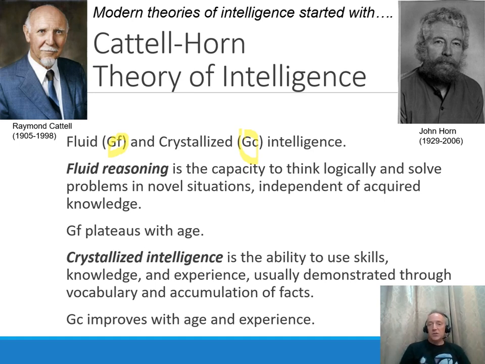As long as you don't get something like Alzheimer's or some neurodegenerative disease, if you continue to read, continue to watch the news, continue to have life experiences, your crystallized intelligence can continue to grow until the day you die. And the more experiences you have, the stronger it will be. So the modern theory started with these two and these two main abilities.